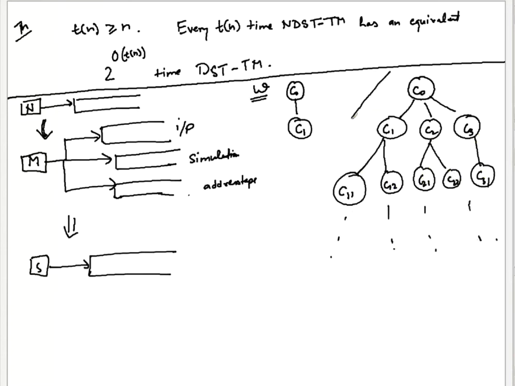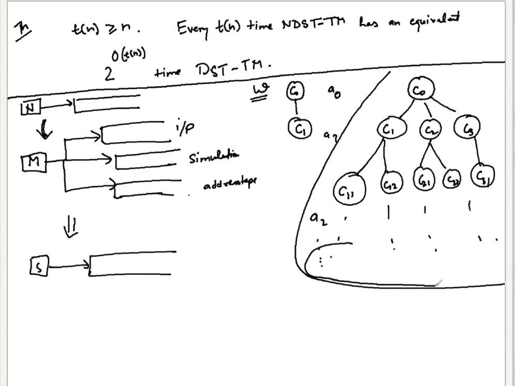Suppose for the string w, written as a0, a1, a2 and likewise, for processing all these symbols you have made all these branchings on the non-deterministic machine, and at the last level you are arriving here.